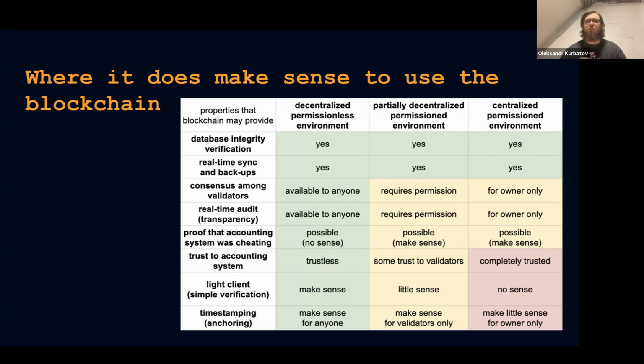So you can use your own private accounting system that uses blockchain technology. And you can just create a replica of this database, or just anchor the database in a public environment, and be sure that over time this history wasn't changed.